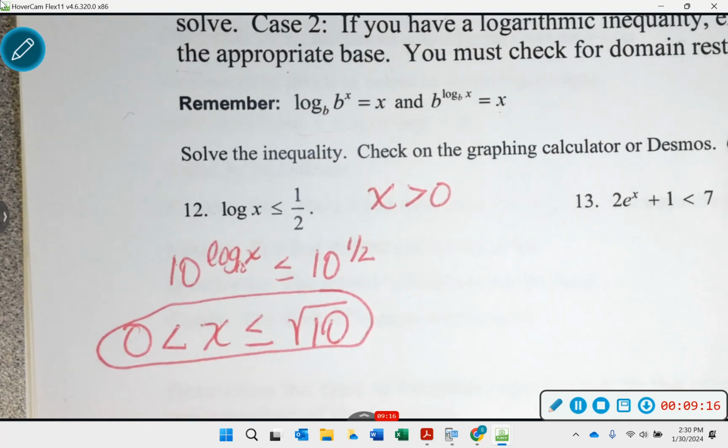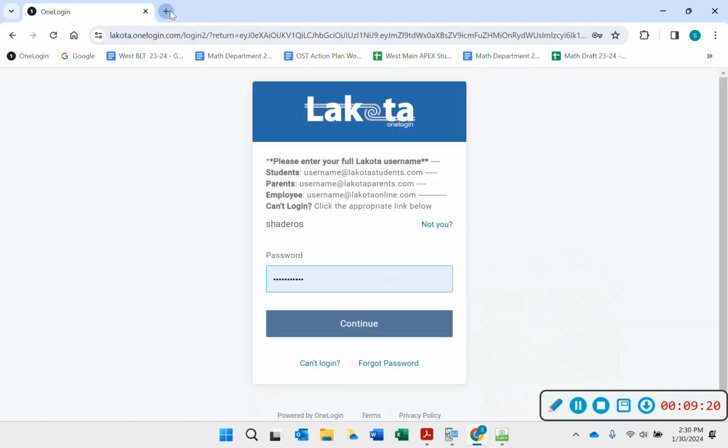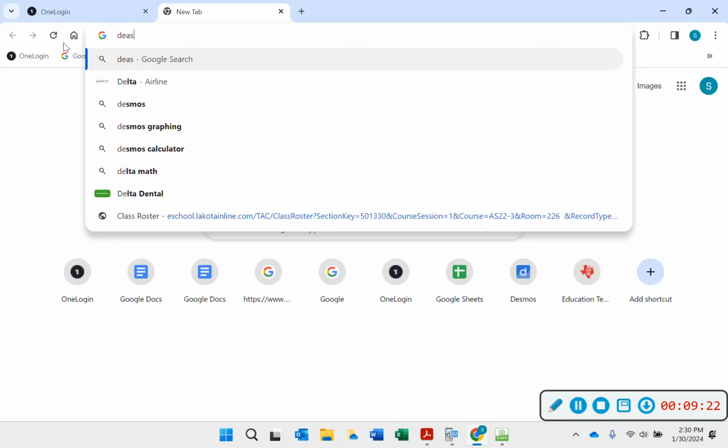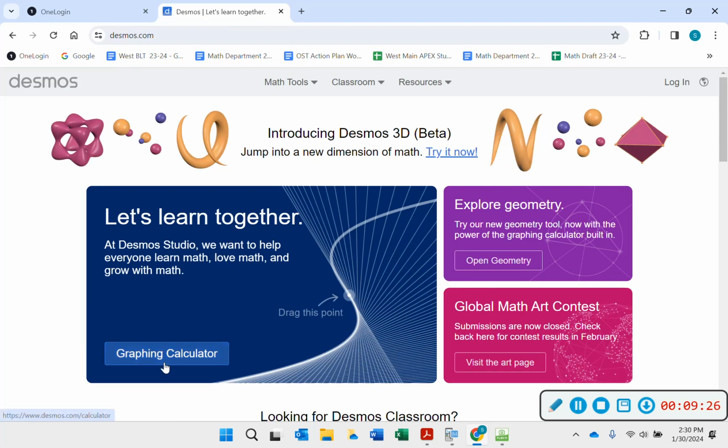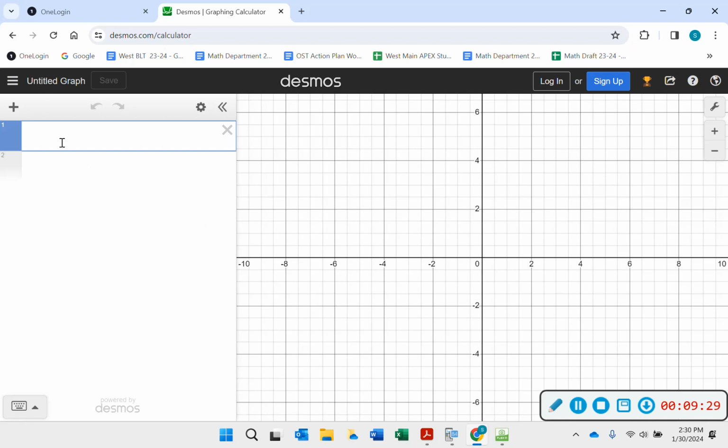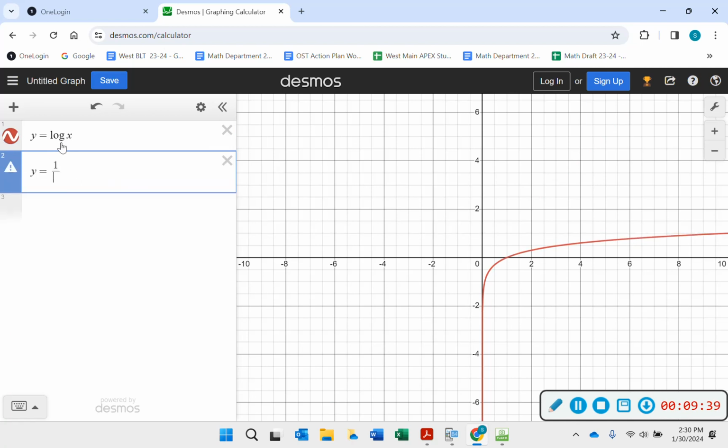I want you to take a look at this. Let's actually use Desmos. So I'm going to graph log x. There's what it looks like. And I'm going to graph y equals 1/2.